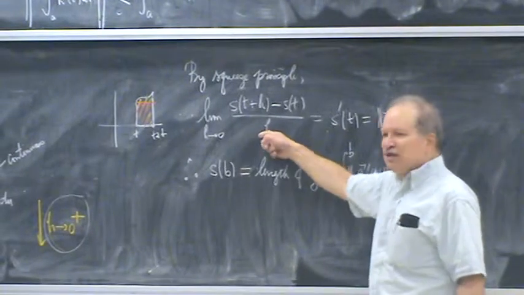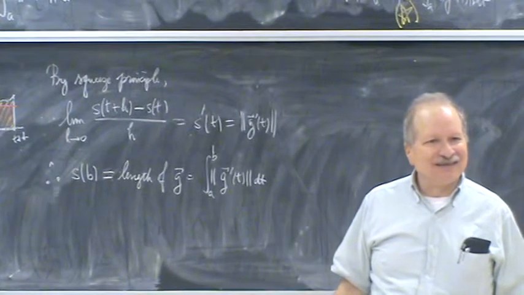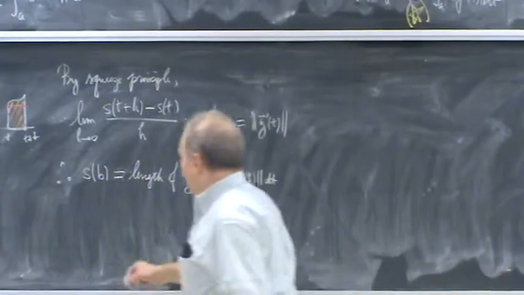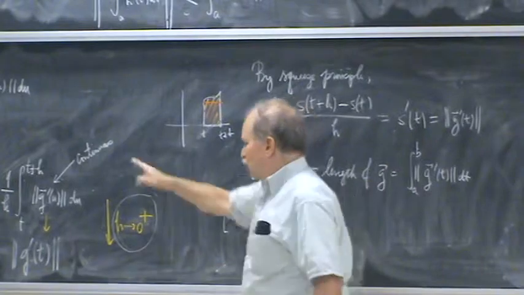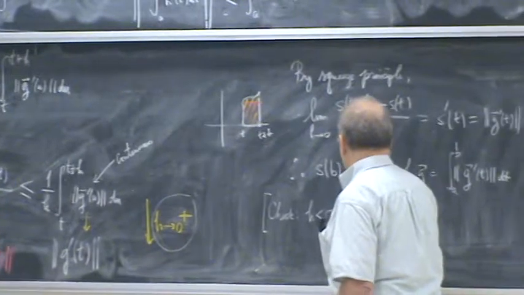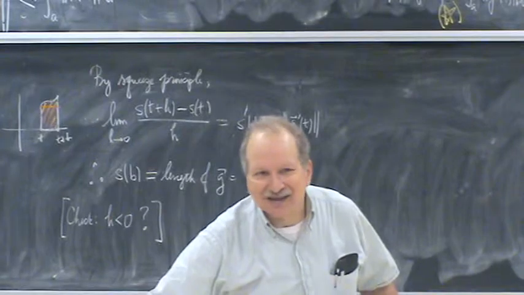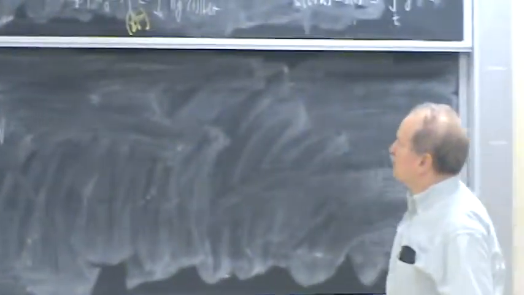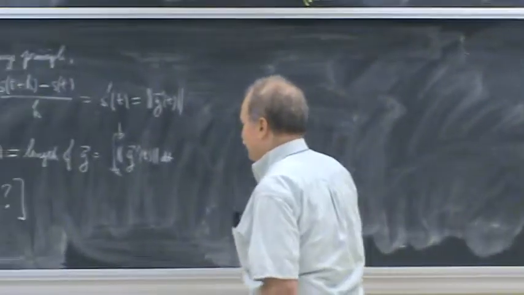If you really want the limit to exist, this is what you guys love from high school calculus, I need both sides. I need to know the left-sided limit is also the same. So I'll need you to check that if h is negative, you can still fix this, and it's going to work just fine and give you the same result. Okay? Hey, I said it was a sketch. I don't have to put all the details. So there's the official discussion of length of curves. Wanted the camera to get to see something new we hadn't seen before.